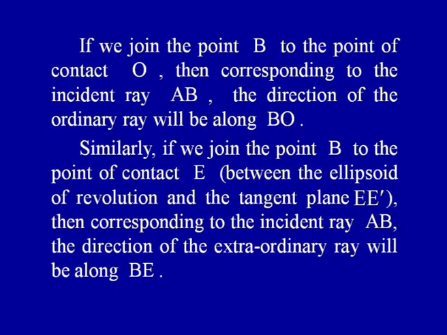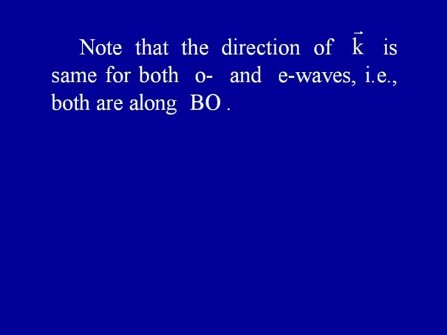Similarly, if we join the point B to the point of contact E between the ellipsoid of revolution and the tangent plane EE prime, then corresponding to the incident ray AB, the direction of the extraordinary ray will be along BE. Note that the direction of k is the same here for both O and E waves. Both are along BO.